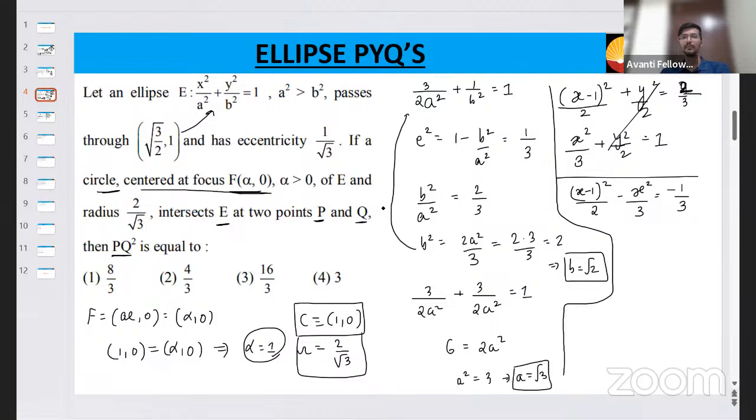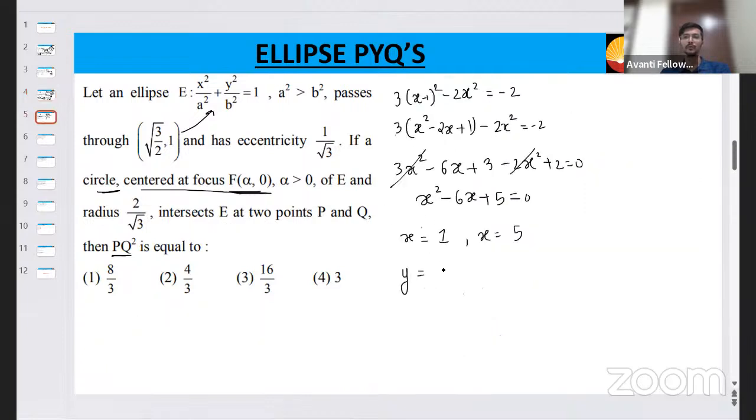So y will be equal to 2 by root 3, I think. Yes, y will be equal to 2 by root 3, and then again plus or minus 2 by root 3.